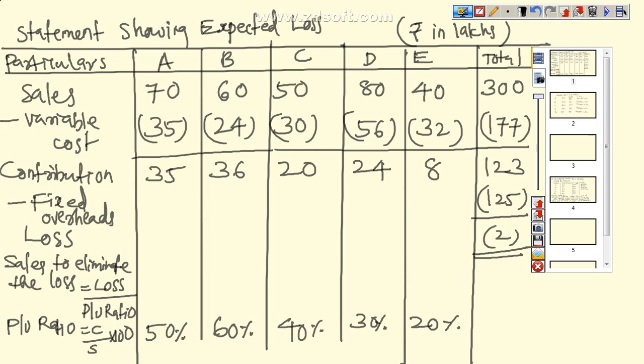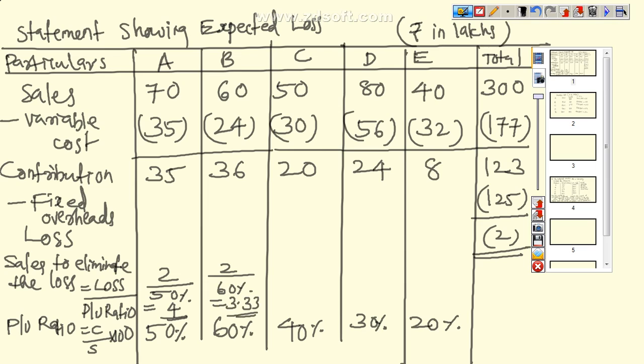Now we have to apply in this formula: 2 upon 50%. PV ratio of this particular product is 50%, that is equal to 4. And for second product, 2 upon PV ratio of 60% is equal to 3.33.